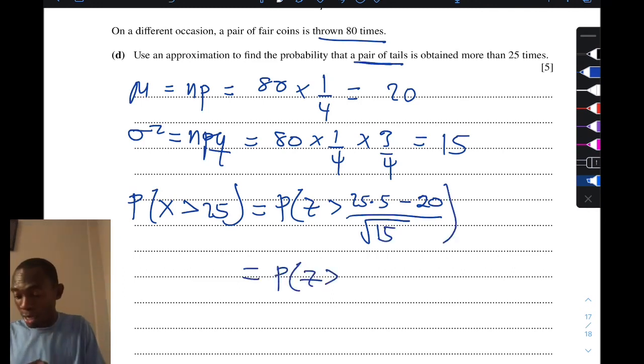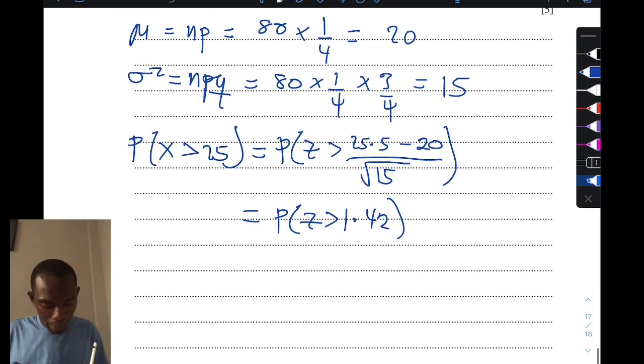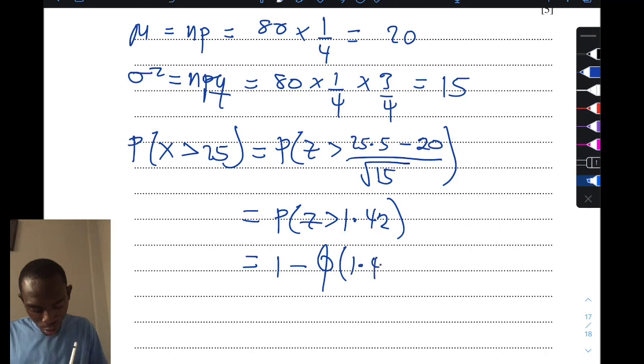So we put it on the calculator: 25.5 minus 20 all over root 15. I know some of you might forget and put 15 there. 15 is the variance, so just put root 15 and you'll be fine. So you have 1.42. That means 1 minus phi of 1.42.